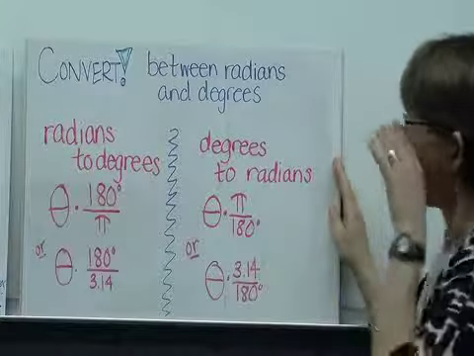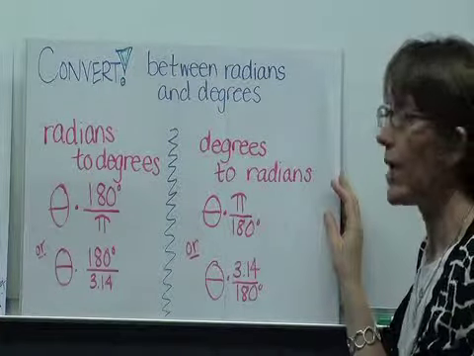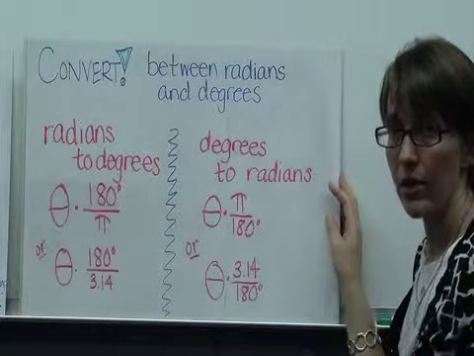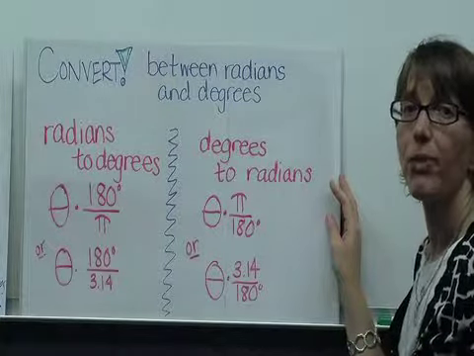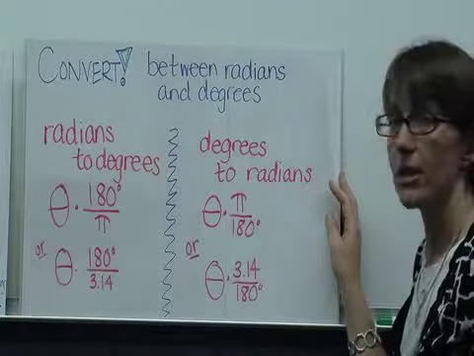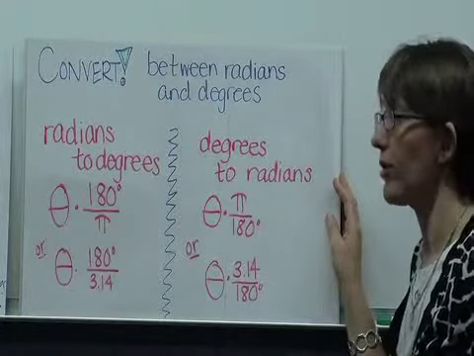So let's recall how to convert between radians and degrees. If you have radian measure and you need to convert to degrees, you should remember that pi radians is equal to 180 degrees, because each of those represents halfway around a circle.